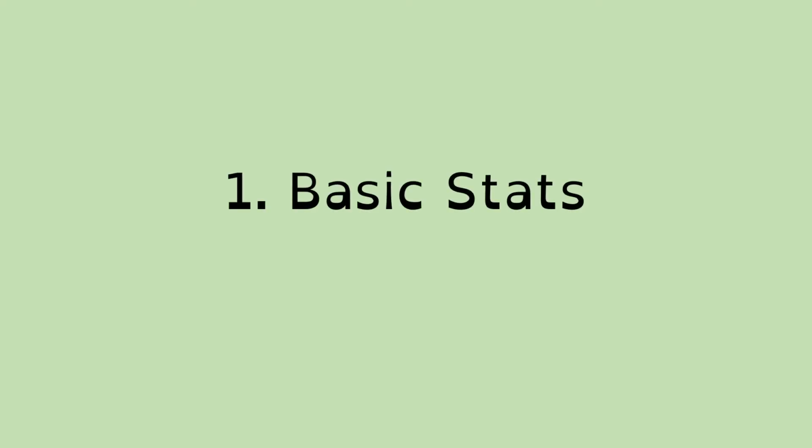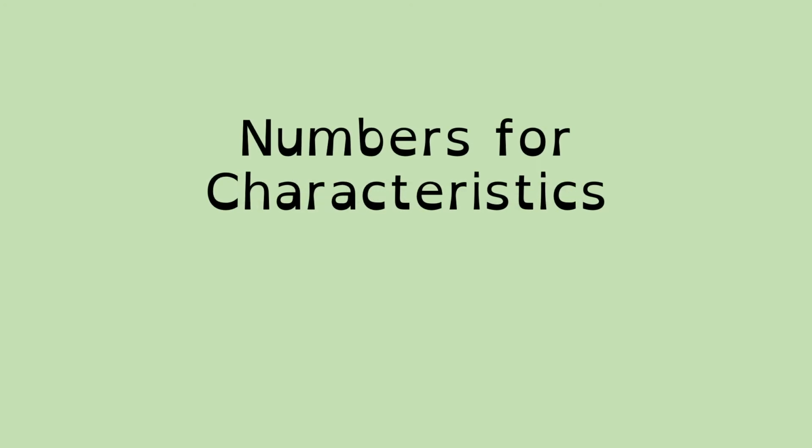Okay, so in this series, we're going to talk about three things. I'm going to give the background for two of them in this video. So, basic stats. When you have a character that you're playing in an RPG, these are the numbers that represent the characteristics, mostly physical, but some of them mental, that are the strengths and weaknesses of that character.